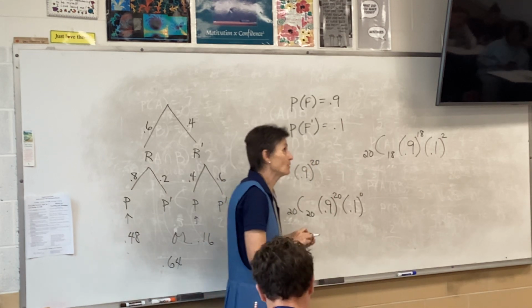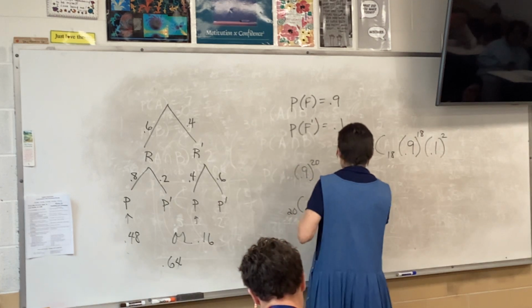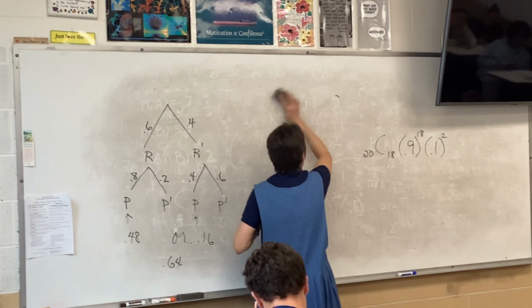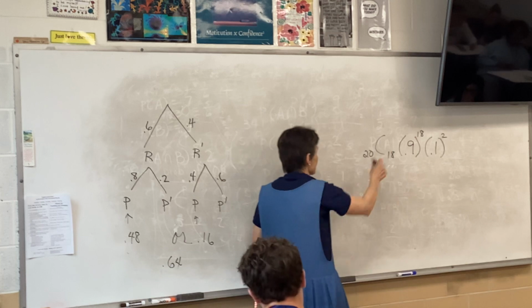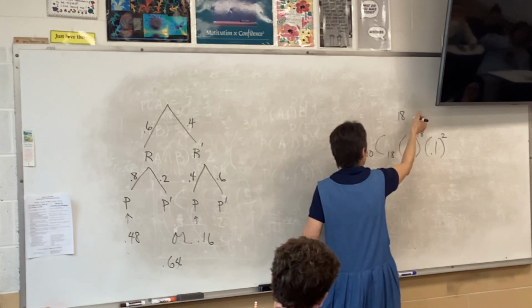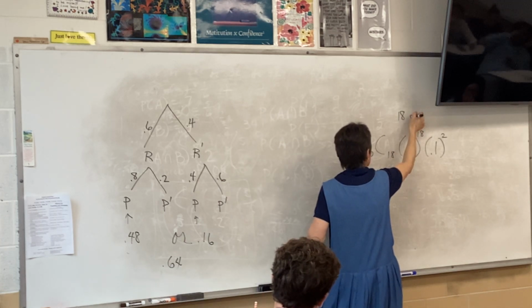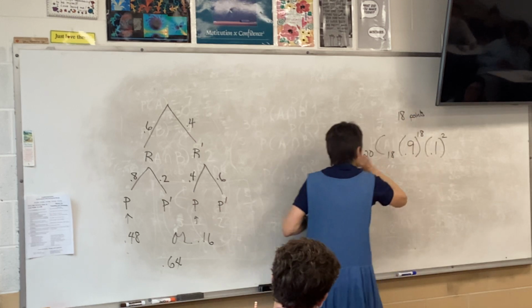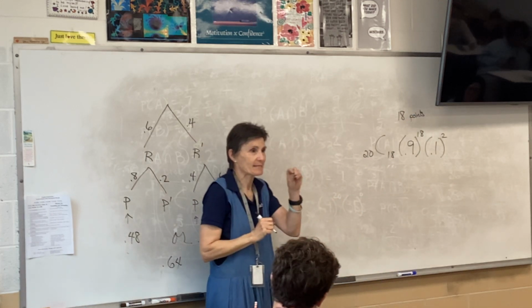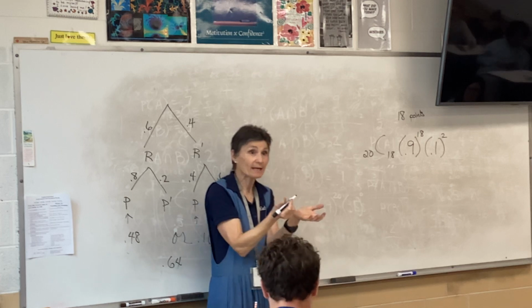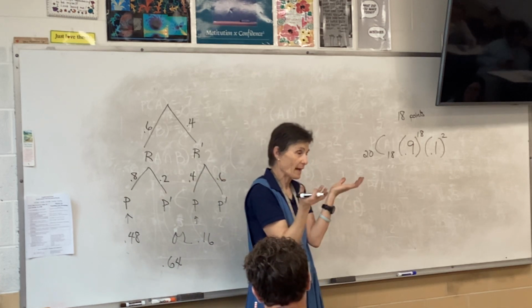How am I gonna handle at least 18? This is 18. 18 points. All right. If I have to make at least 18 points, then that means I could get 18. But what else could happen?